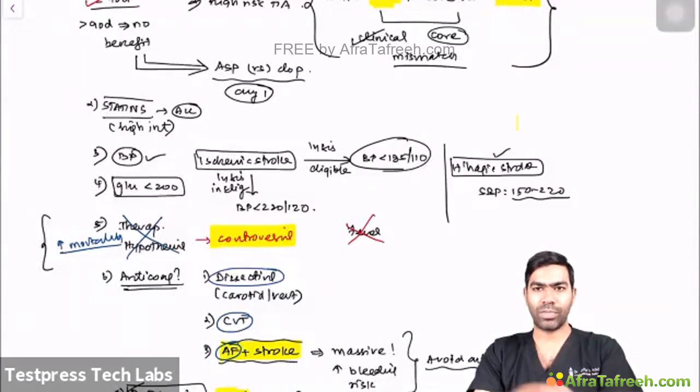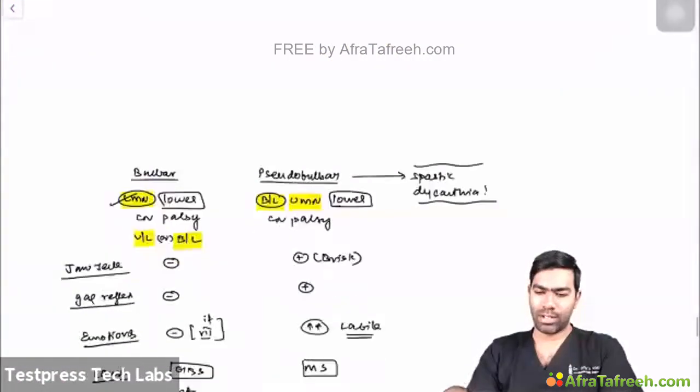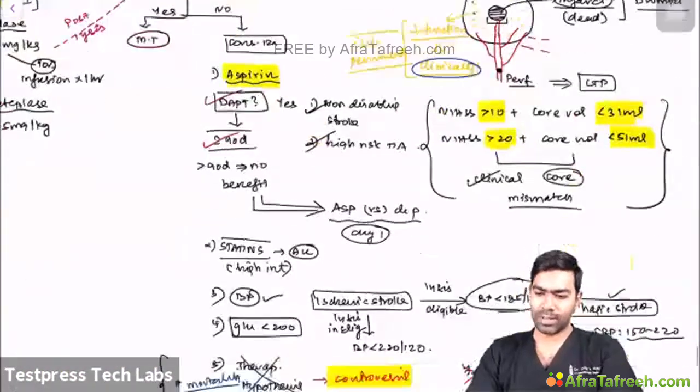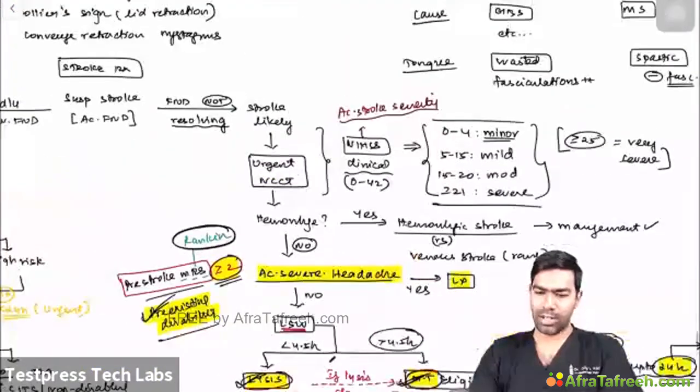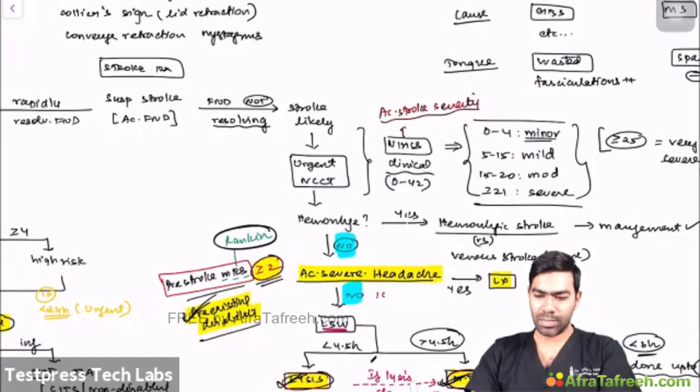And finally, one point I need to tell is, we have done an NCCT here, non-contrast CT. Once you have done an urgent non-contrast CT, I told you if there is no hemorrhage and if there is no acute severe headache, at this point itself, I am thinking it's an ischemic stroke only. Even though it is not mentioned here, it is understandable.